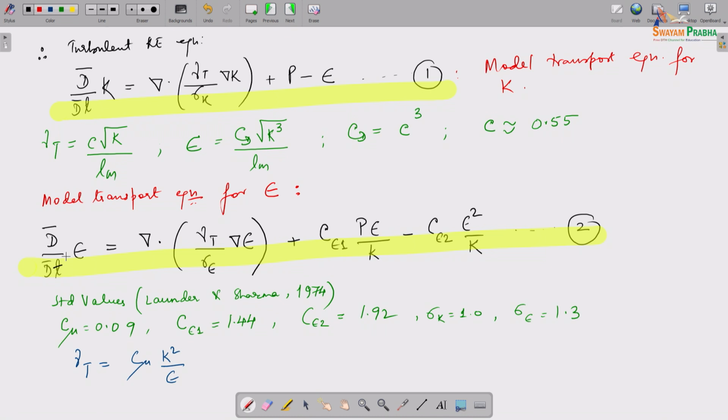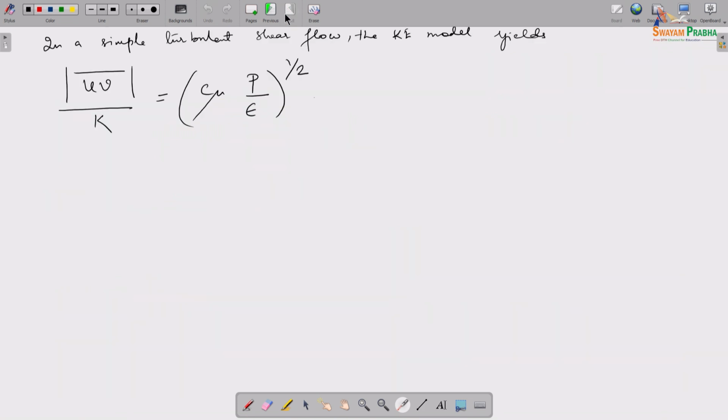So, as you can see, there is a rate of change of the turbulent kinetic energy, rate of change of diffusion, right, and this here is the convective part, then you have a production, right, and then again you have the convective part here, right. So, and in a simple sort of turbulent shear flow, this will essentially yield me components of velocity in this fashion, right. I will get components of velocity in this fashion.